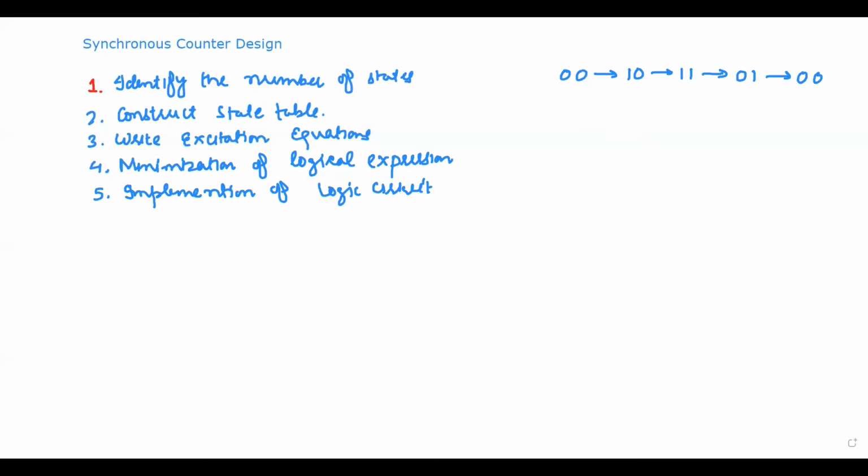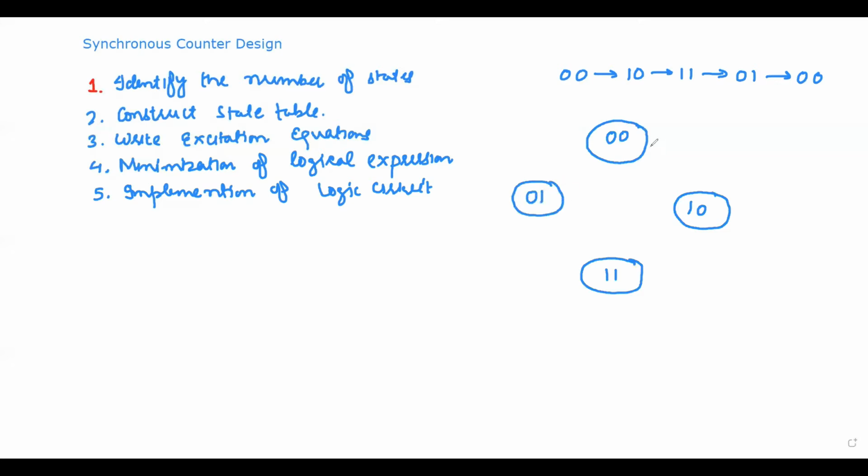The next thing that is important is the state diagram. As already discussed in the previous classes, all the states need to be mapped. The first state as given is 0 0, then 1 0 is the next state, then 1 1 is the other state, and the last state is 0 1.